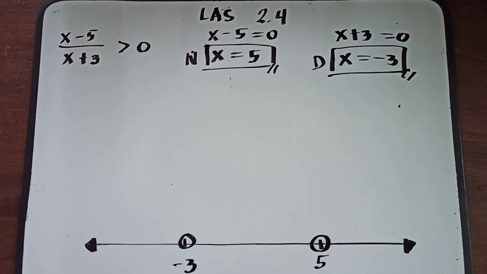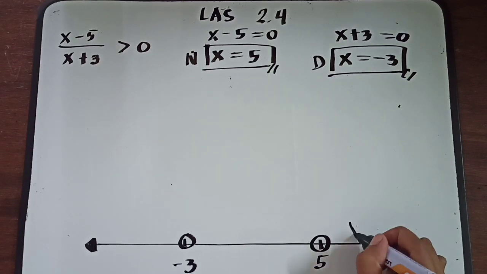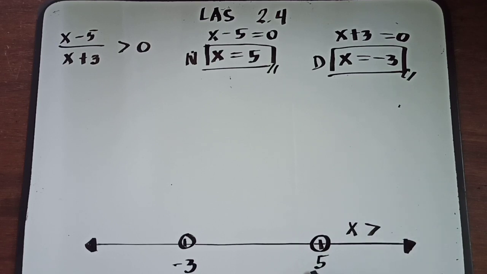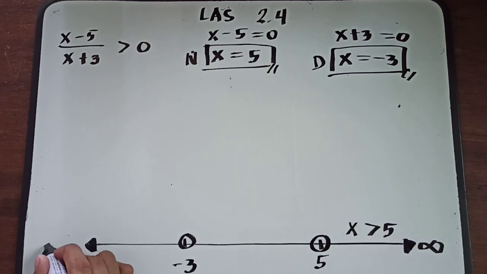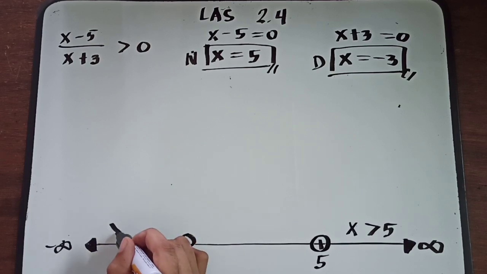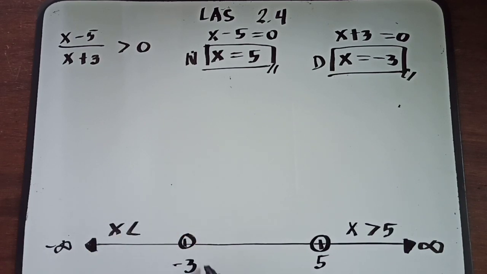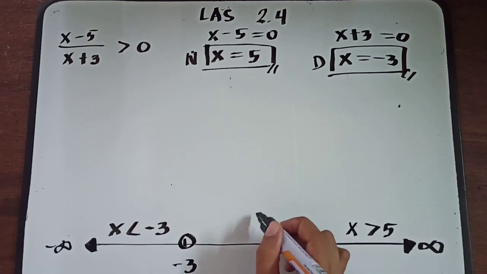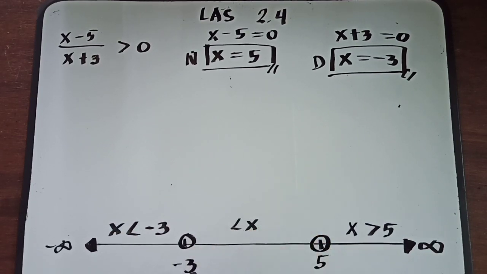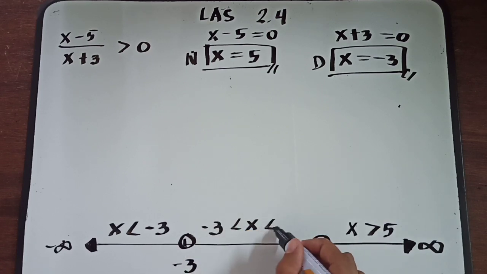Okay? So, what are the intervals? X is greater than, what is the value? We have 5. X is less than, what is our value? Negative 3. And X is greater than negative 3 but less than 5.